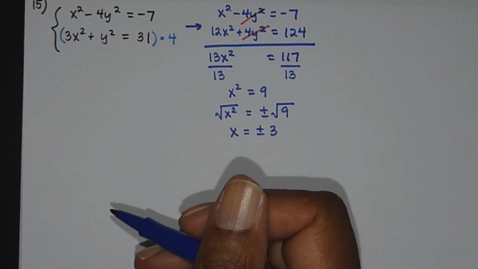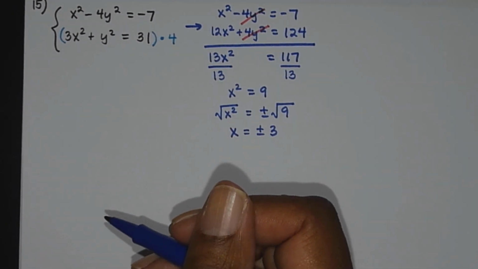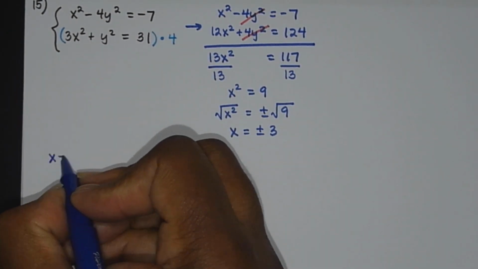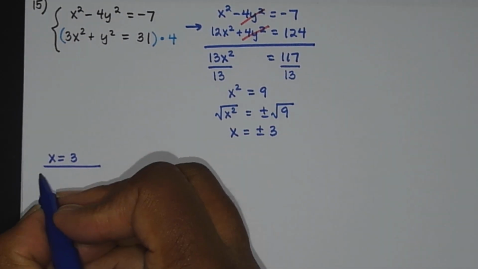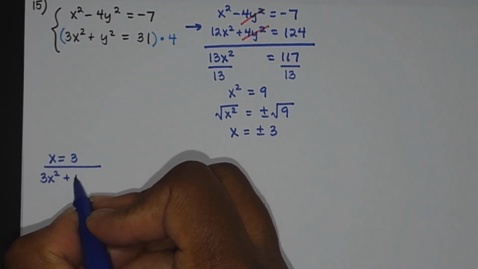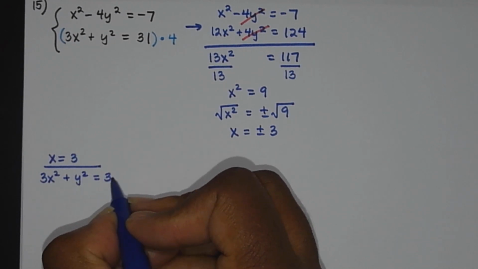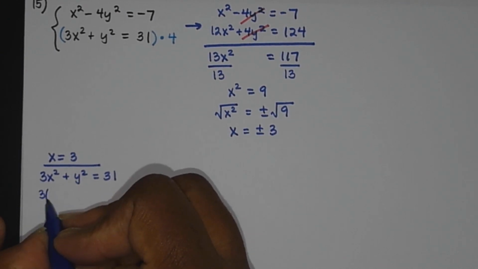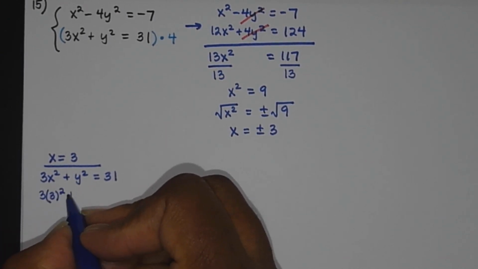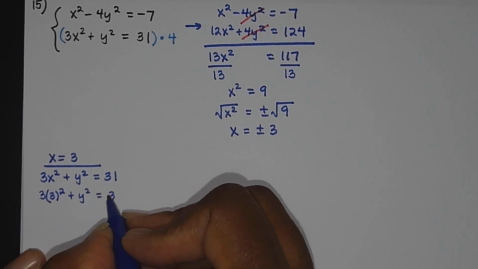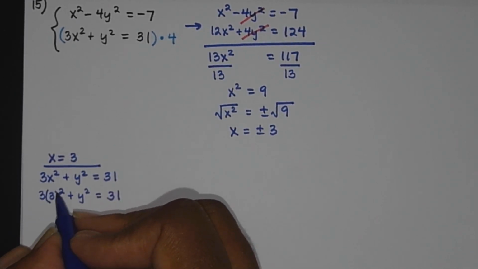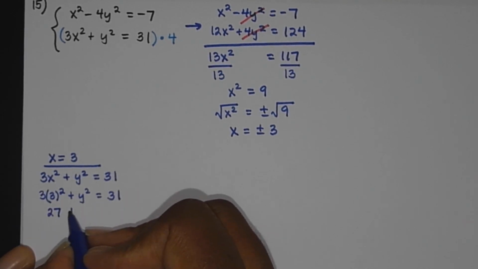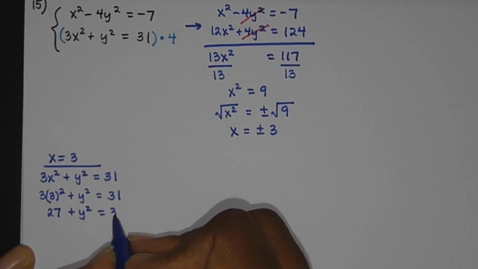Let's use equation 2, the second equation. So for x is equal to 3, I'm going to use this equation, 3x squared plus y squared is equal to 31. Replace the x with 3, so it'll be 3 times 3 squared plus y squared is equal to 31. If you square the 3, you're going to get 9. 9 times the 3 in front will be 27 plus y squared is equal to 31.